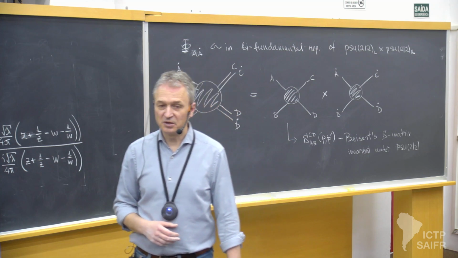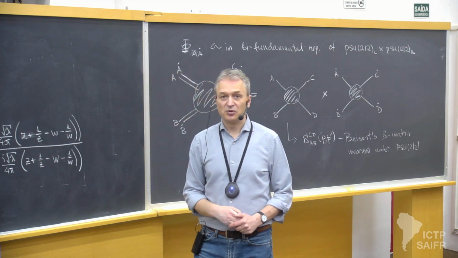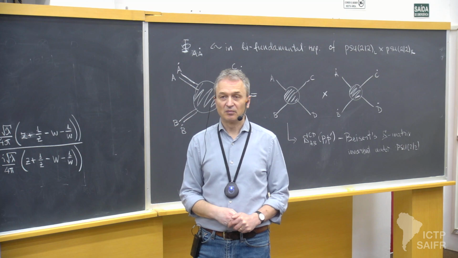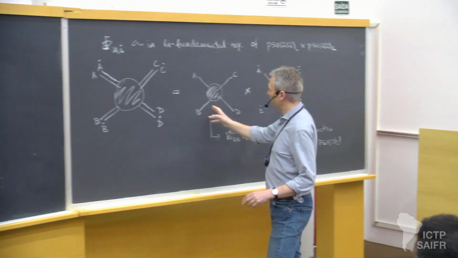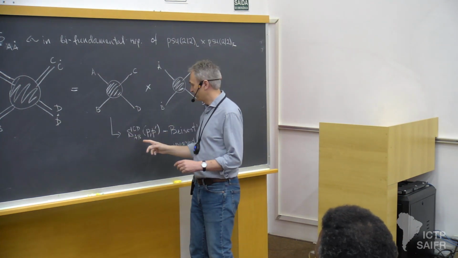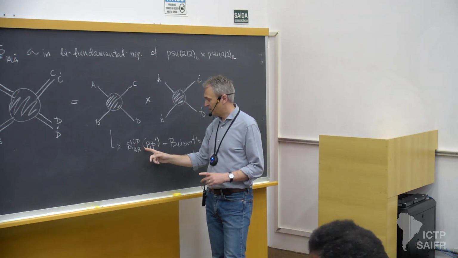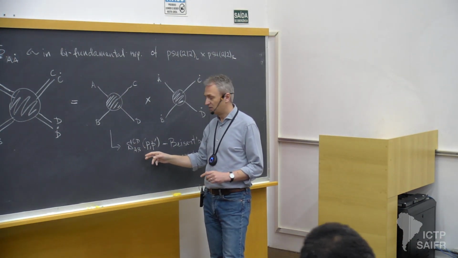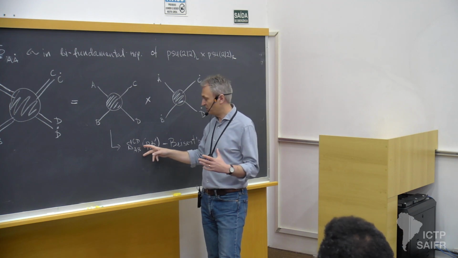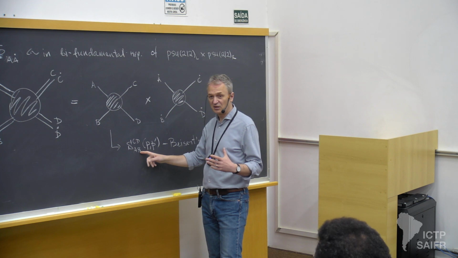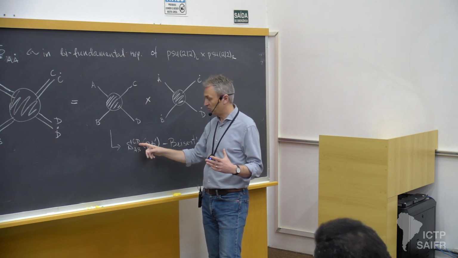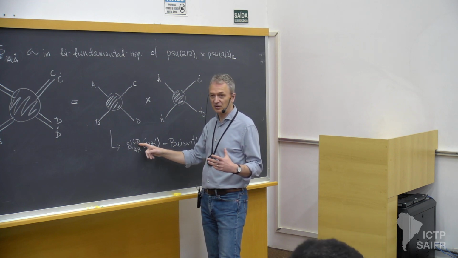Mainly representation theory. So, for instance, to fix the S matrix: the S matrix is an operator, well, it's a matrix, so it takes you from the tensor product of two representations to the same tensor product.